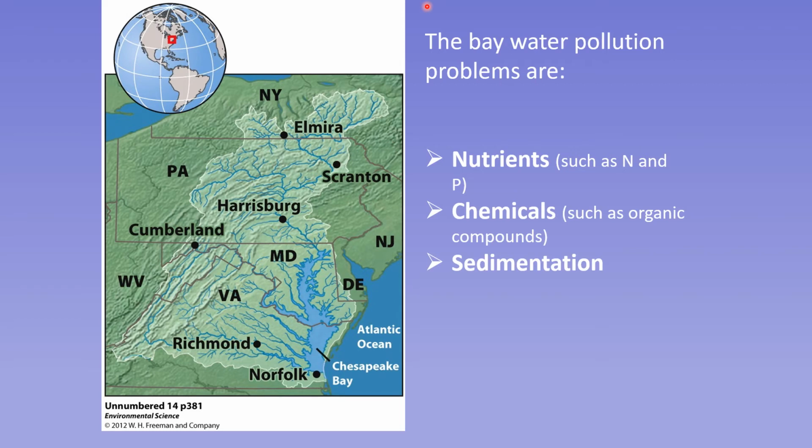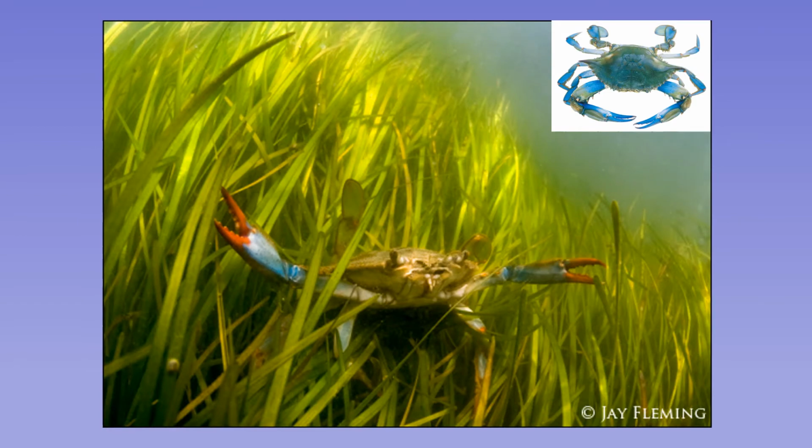And then the chemicals are also an anthropogenic problem, with pesticides, even pharmaceutical drugs, and then sediments we've been talking about. And just because I thought that you should see, this is our Maryland blue crab, and the population of crabs was going away because all the sediment pollution in the bay was causing a loss of bay grass habitat.